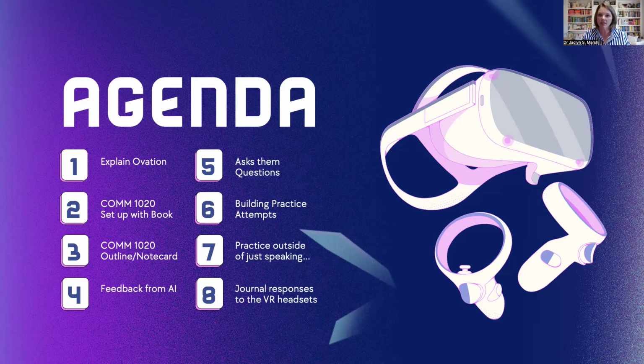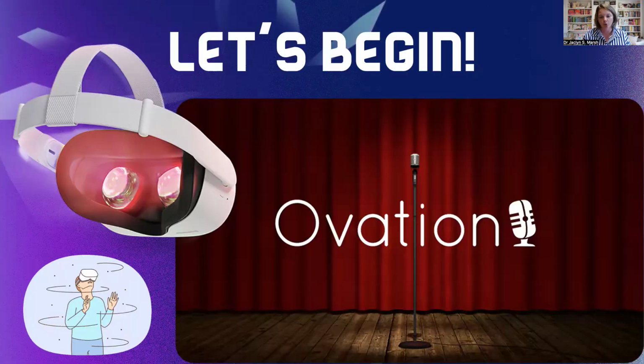I will talk about COM 1020, which is our Introduction to Public Speaking course, with how we set it up with our book, how I wrote our book to work within a set of explanations, and I'll go into more depth about outlining and note carding, feedback that students get from the AI within the headset, how they are asked certain questions, what the practice looks like inside and outside of the classroom, the feedback that students get from the AI responses, and then some direct words from a couple of students who took the course and their opinions of using virtual reality.